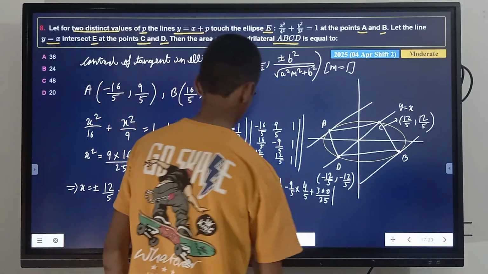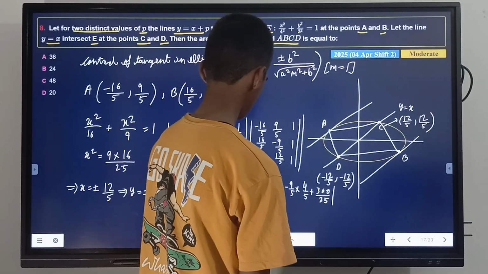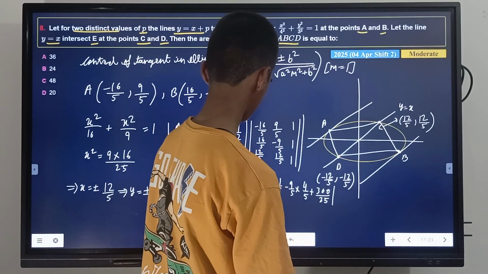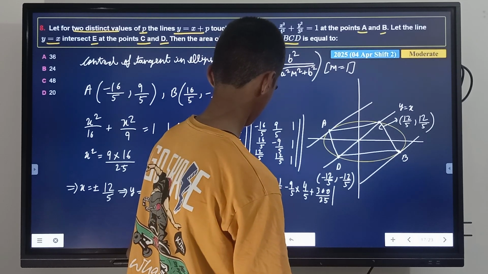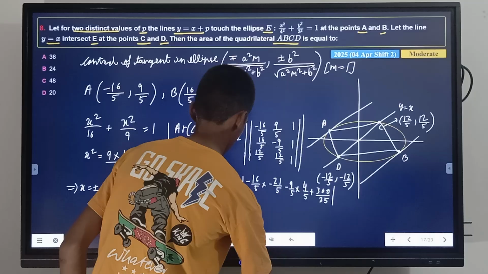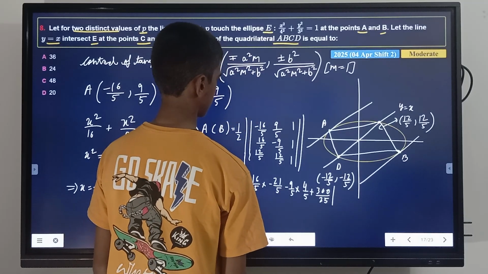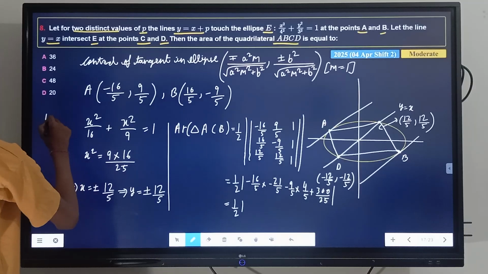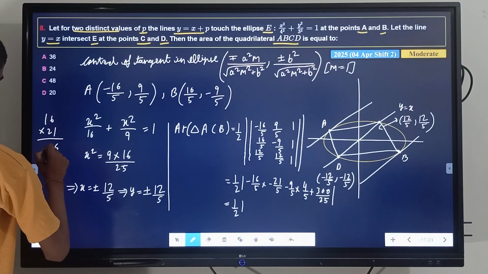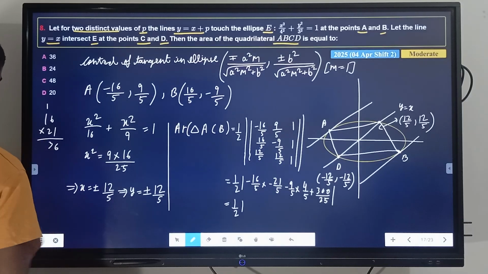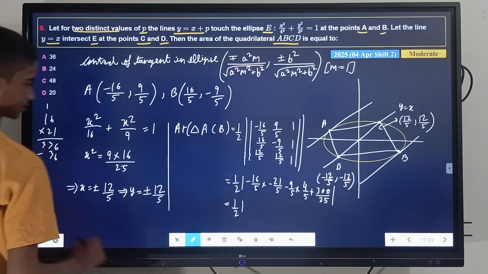So from here, this is equal to 1 upon 2 mod of 16 into 21. 16 into 21 is 336, 9 into 4, 36.